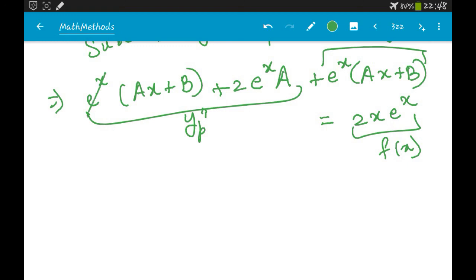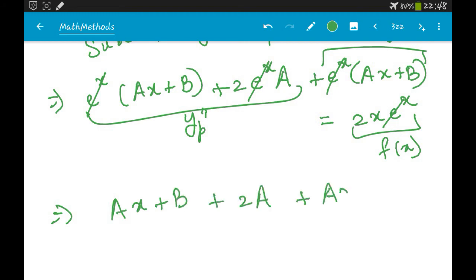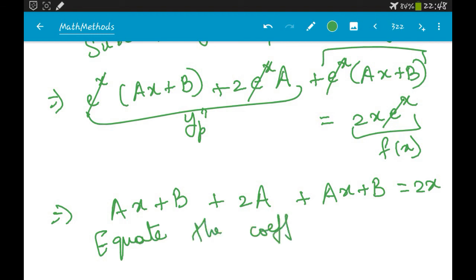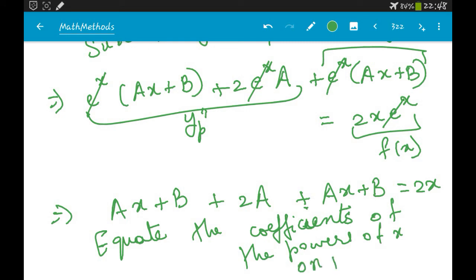Obviously e power x is common everywhere, so it can get cancelled, and we are left with ax plus b plus 2a plus ax plus b is equal to 2x. Now what we will do is we will equate the coefficients of the powers of x on RHS and LHS.